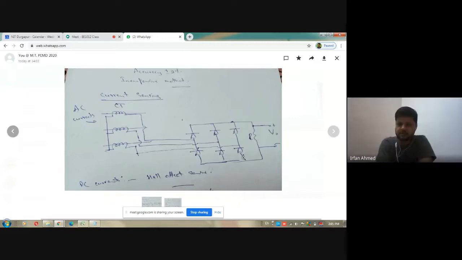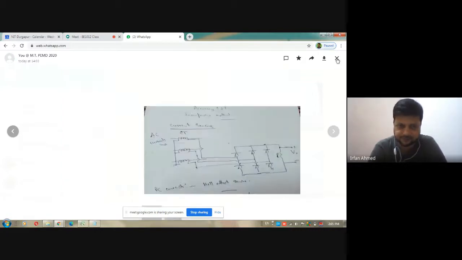You can use a single phase bridge rectifier. Or you can even go without a rectifier, I think. But the voltage will be AC then. So you need a single phase rectifier. So that you can do in case of single phase AC.